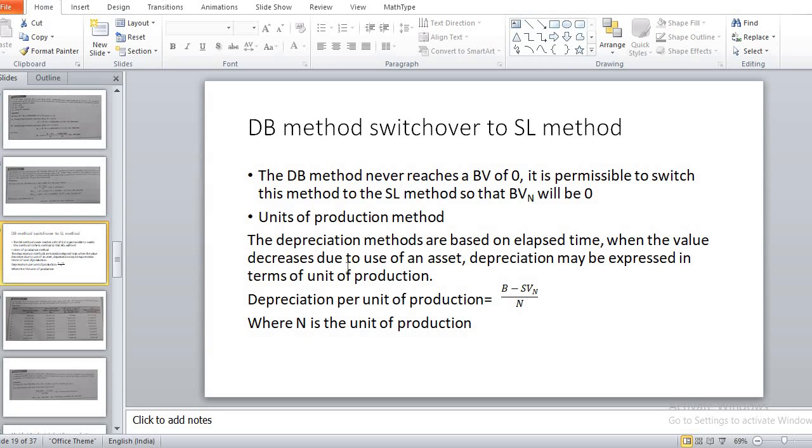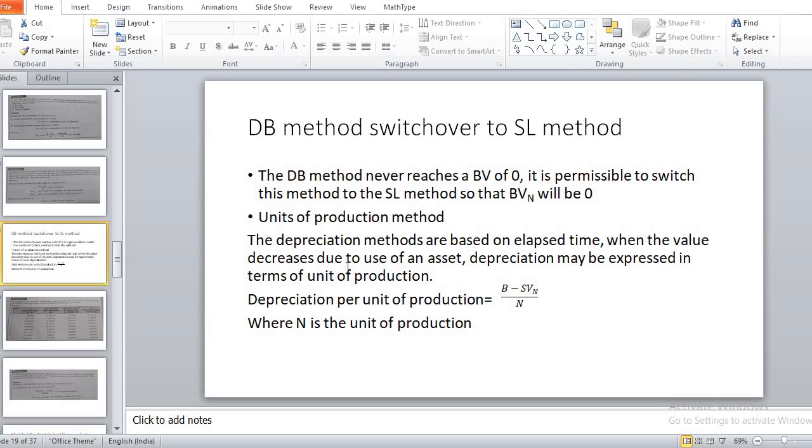For such provision we apply some depreciation amount. Instead of calculating the depreciation amount per year, sometimes the depreciation amount is calculated per unit of production.